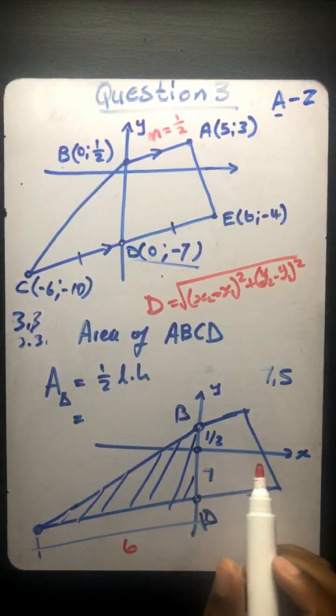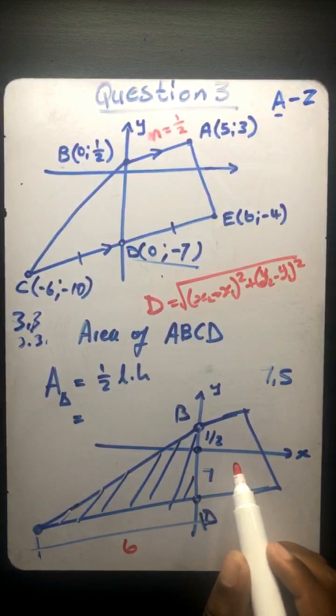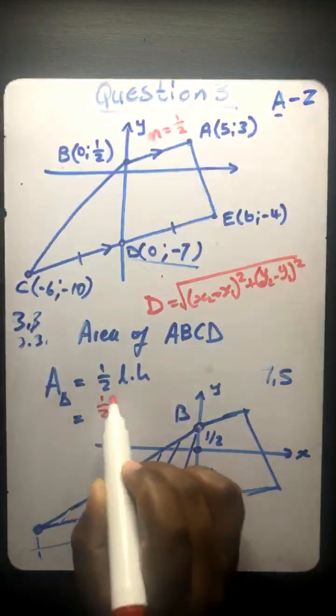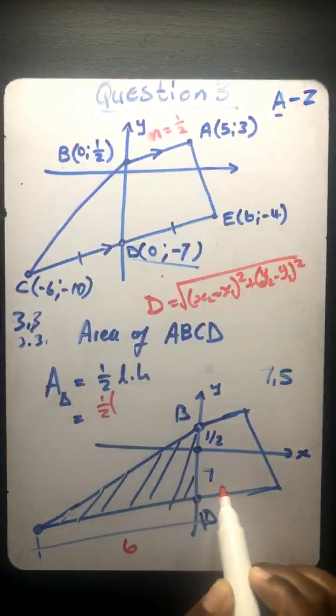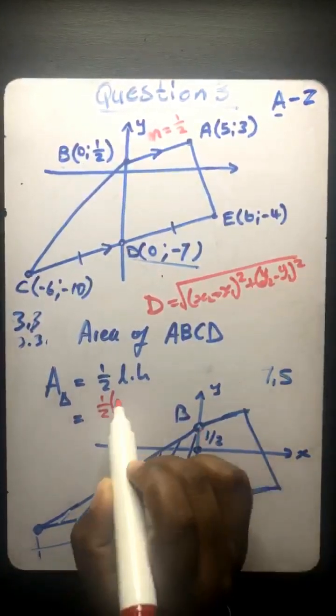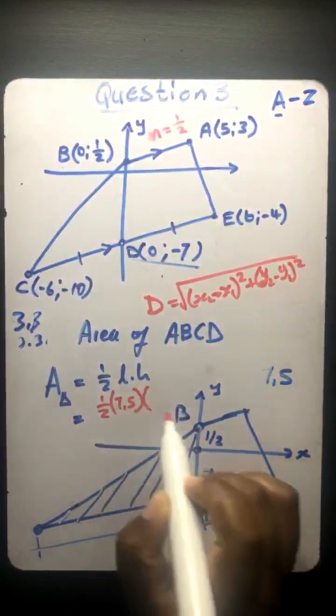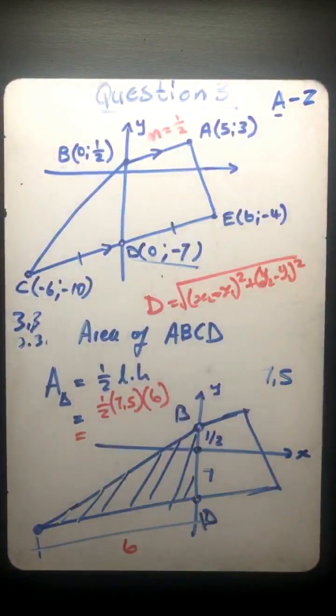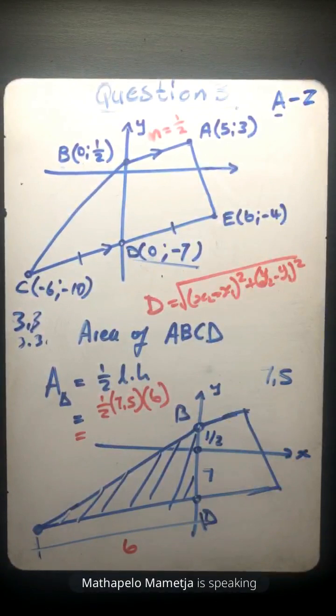So now, let's see. That means you are having a half times, we just said that one is 7.5, and then you guys are saying this one is 6. Then, what is the area of that triangle? 22.5.